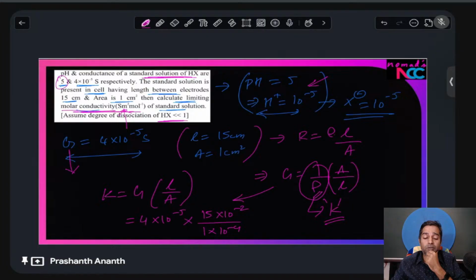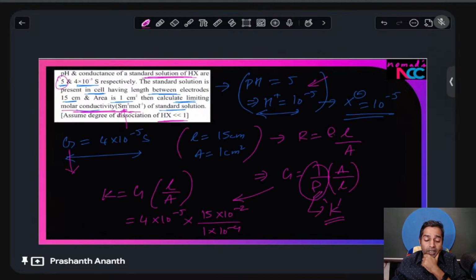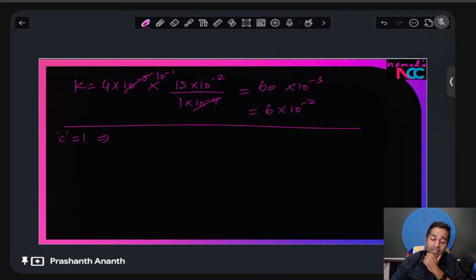So we have pH equal to 5, but initial concentration has not been given. We can take a standard solution, meaning initial concentration is equal to 1. So in this case, molar conductivity is going to be equal to 1000 times kappa by C. C is going to be equal to 1, so no need to bother.